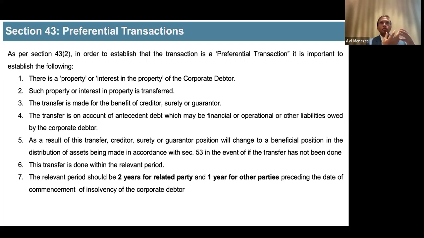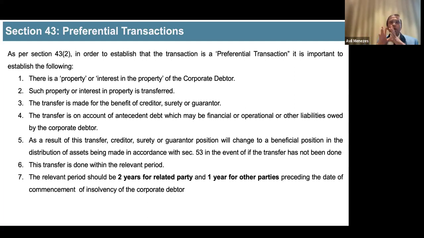And because of this transfer, there is a preference, because under the waterfall they would have been lower down. There is a change in the position in the waterfall under Section 53. If this property had not been alienated or transferred for the benefit of some creditor, promoter or guarantor, then in an IBC scenario under the waterfall, they would not have got the benefit of this asset. This benefit has to be taken back, and that is where an application will have to be filed under a preferential transaction.